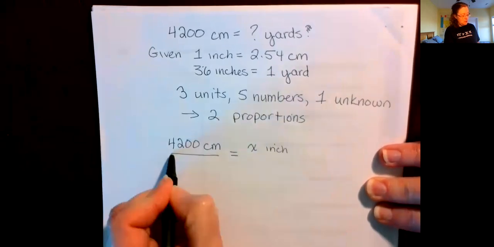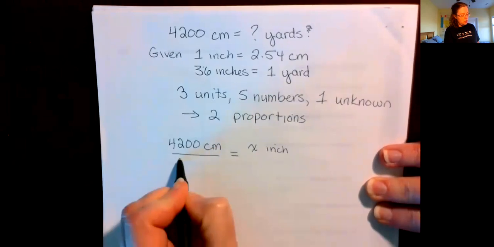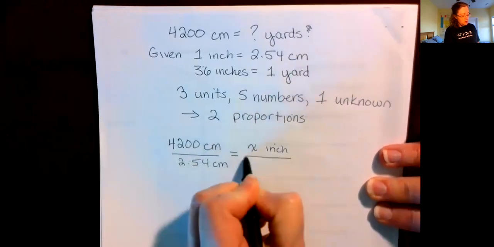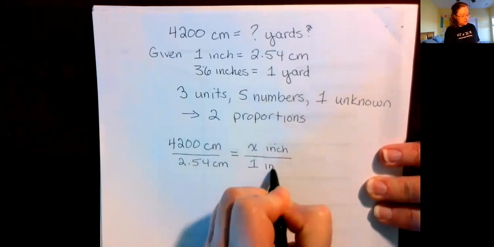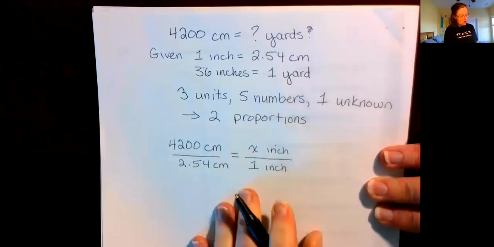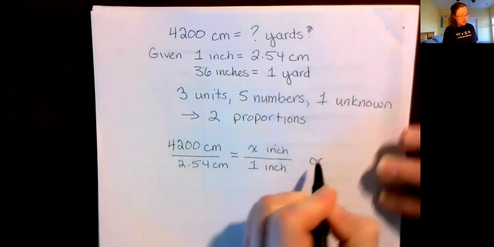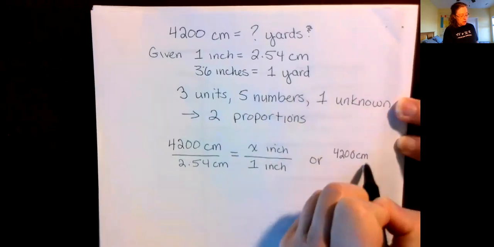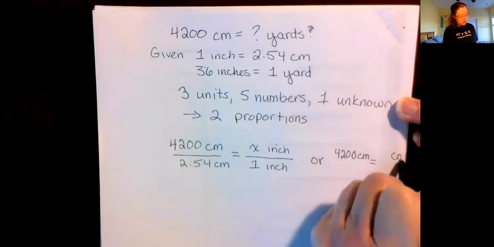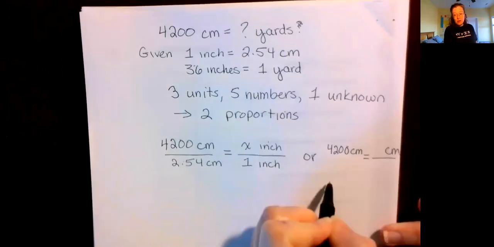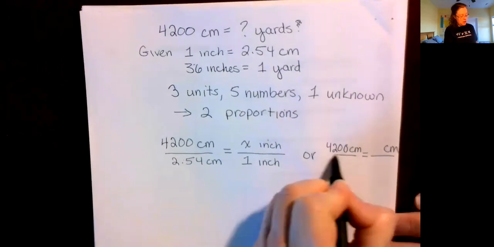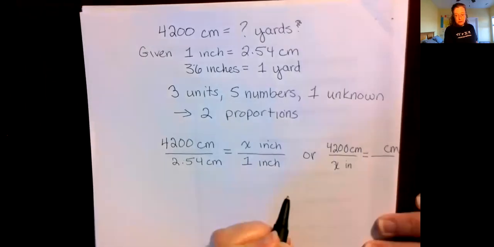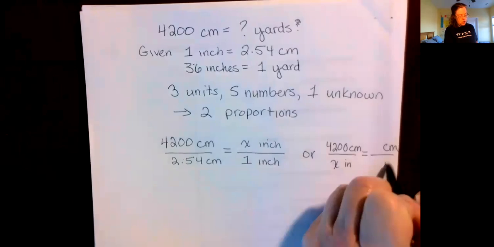On the bottom, I can put the information that 2.54 centimeters is equal to 1 inch. Or I can say 4,200 centimeters, put centimeters on top on the left and the right, and then put X inches on the bottom and inches over here.